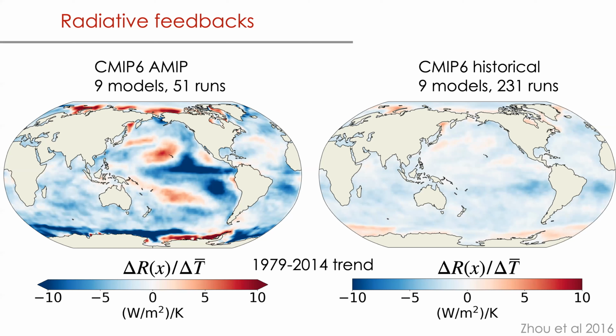But not only in the ensemble mean, we can look at individual ensemble runs. So in these 9 models, we can compare the radiative feedback over the AMIP interval in AMIP simulations in olive, and we find a very negative cloud radiative feedback. Sorry, this is the net radiative feedback.